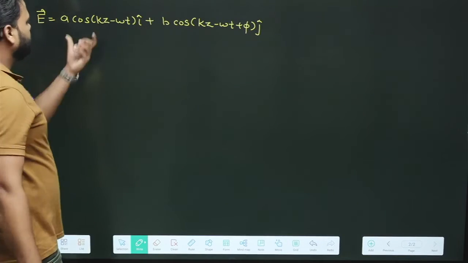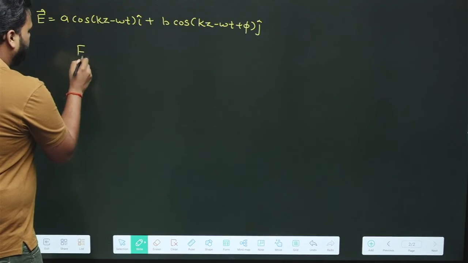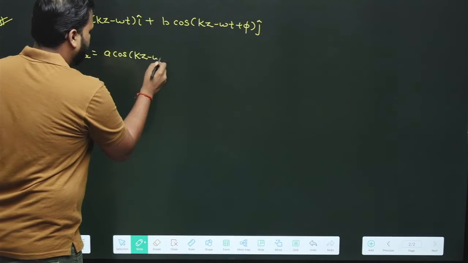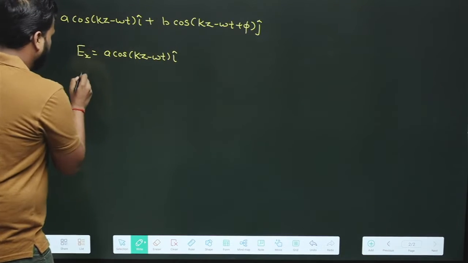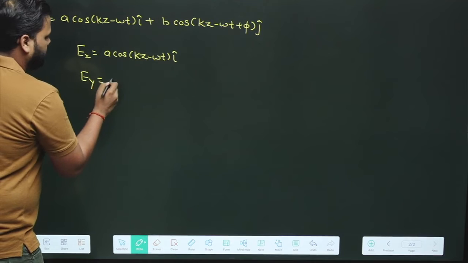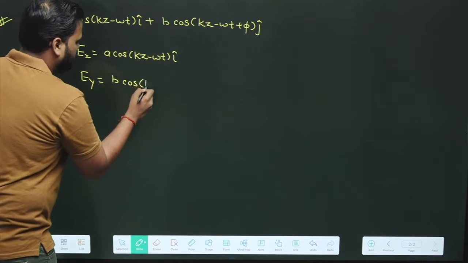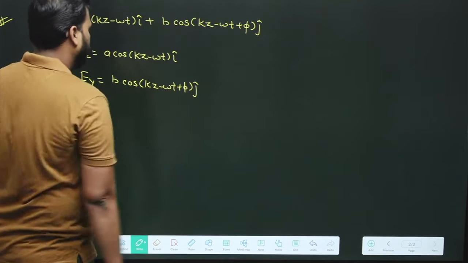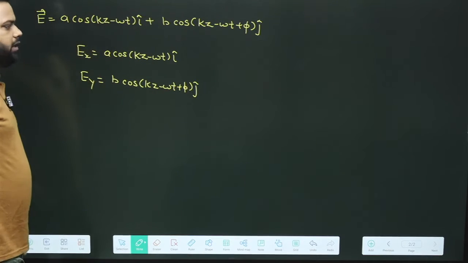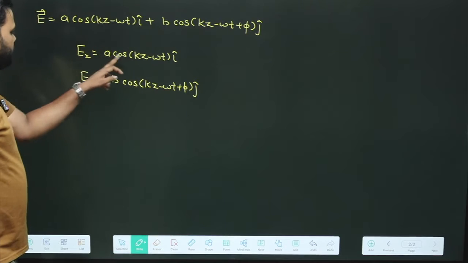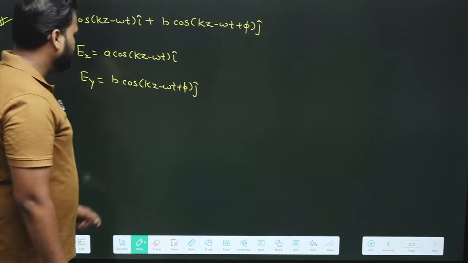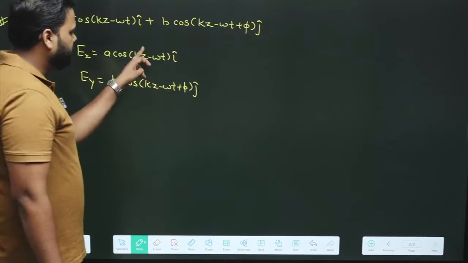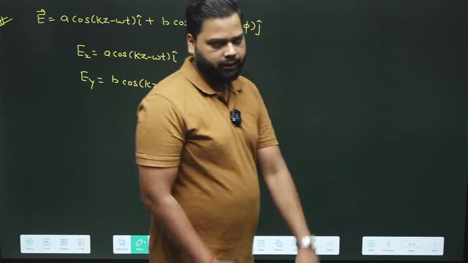This is the x component of the electric field, Ex = A cos(kz − ωt) i cap, and Ey is nothing but B cos(kz − ωt + φ) j cap. A and B are the amplitudes: A is the amplitude of the x component of the electric field, and B is the amplitude of the y component. And φ is the phase difference between the two components.